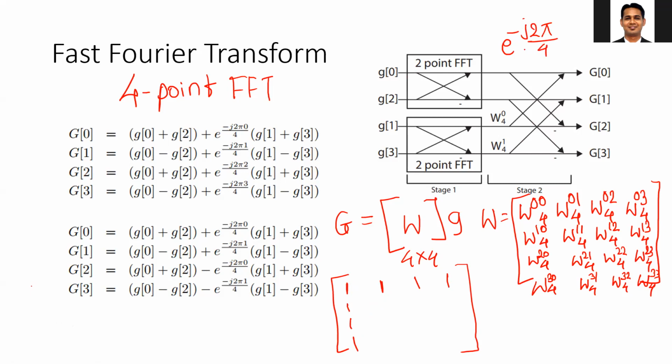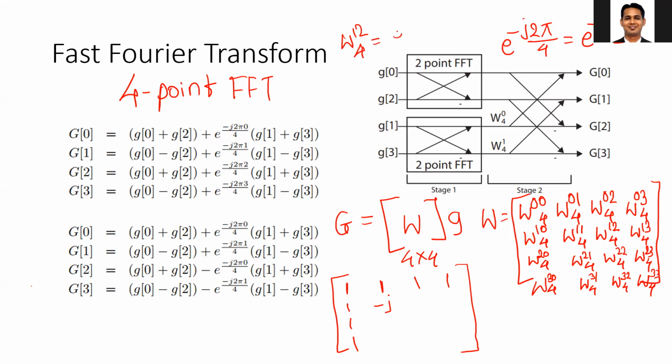So e raised to minus j 2 pi by 4 is nothing but e raised to minus j pi by 2. If you calculate the corresponding value, it will be cos pi by 2 minus j sin pi by 2, so you will get minus j here. And then in the next one, you can do the same thing. Let's take W 1, 2, 4.